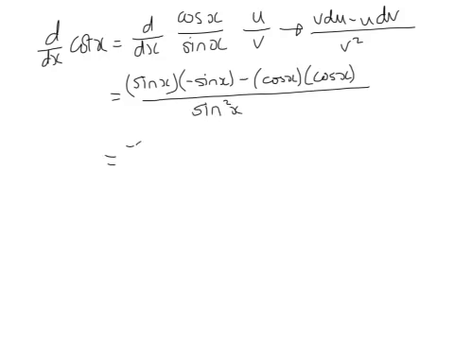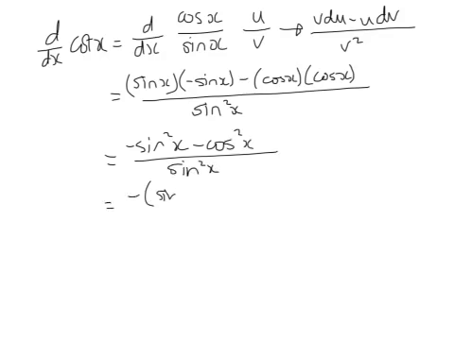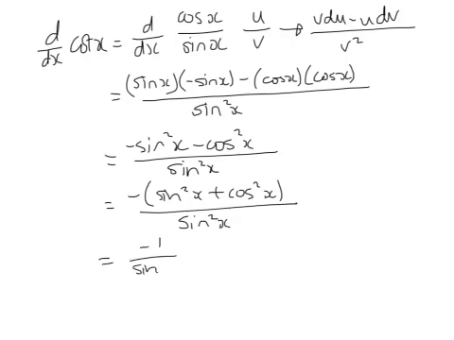So on the top we've got minus sine squared x minus cos squared x, all over sine squared x, and I can pull out that minus sign on the top, sine squared x plus cos squared x, that's just 1, we know that from C2, over sine squared x, so that's minus 1 over sine x squared, which is minus cosec x squared. Done. That's one way of doing it, quotient rule.